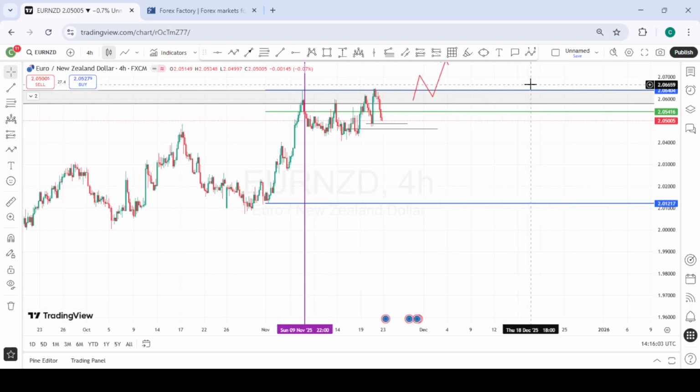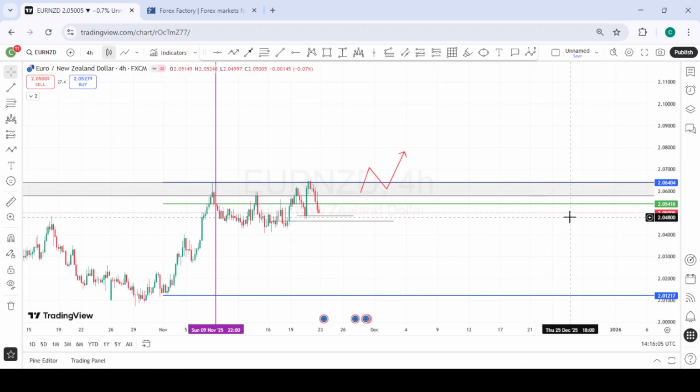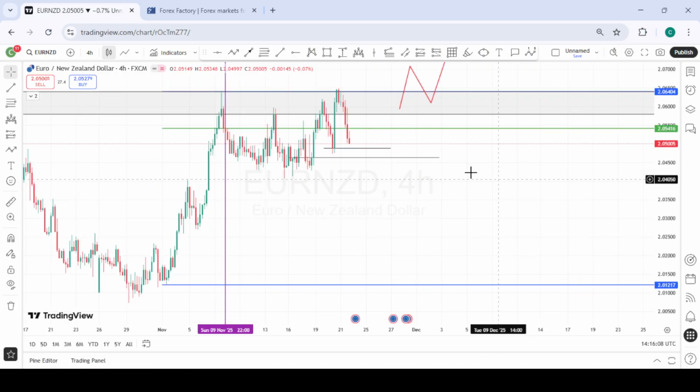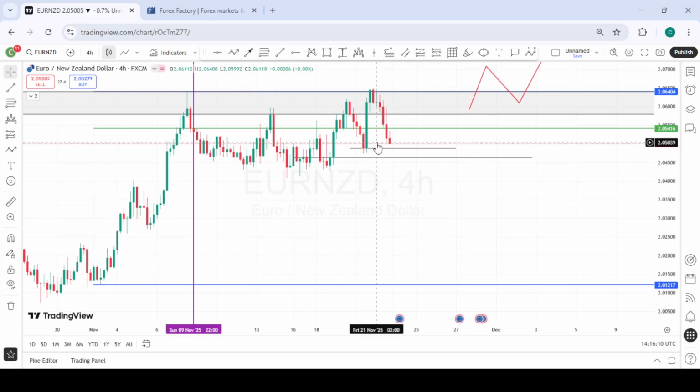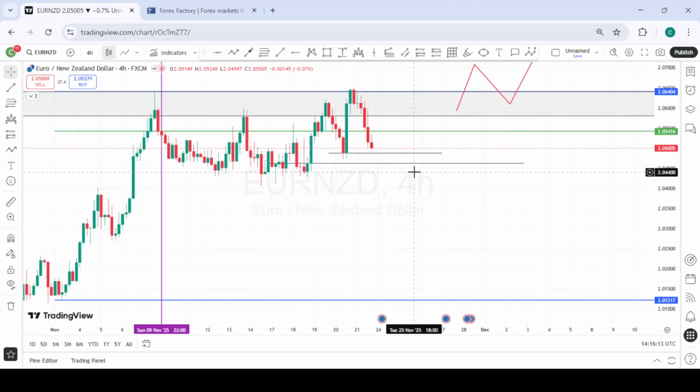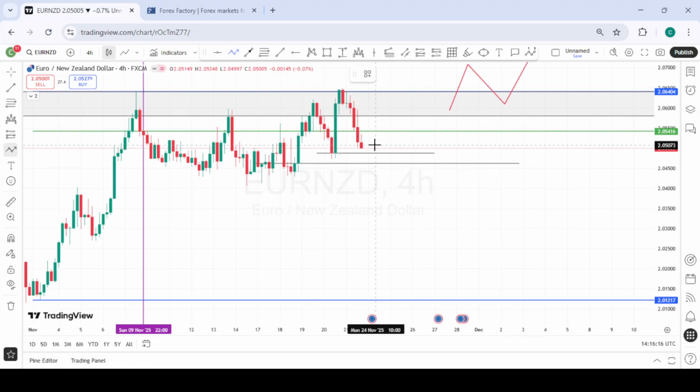We also have a similar setup for EURNZD. So for EURNZD, we are looking forward to this 4-hour structural shift also here. This is the 4-hour structure, this is the daily structure.